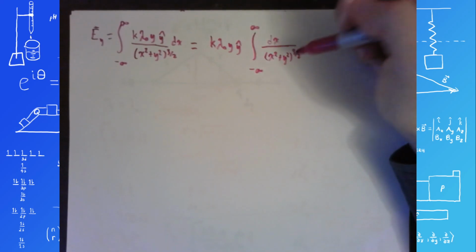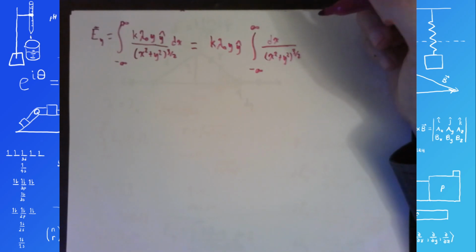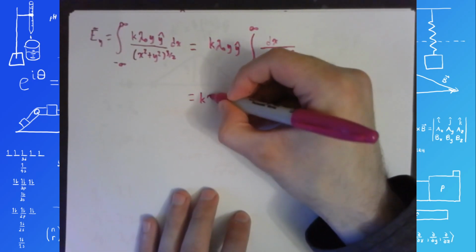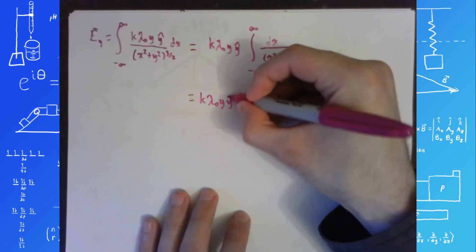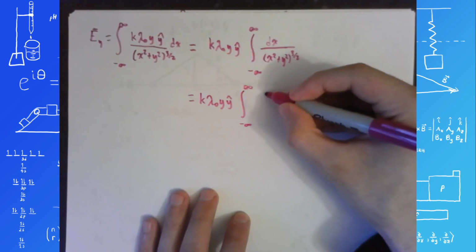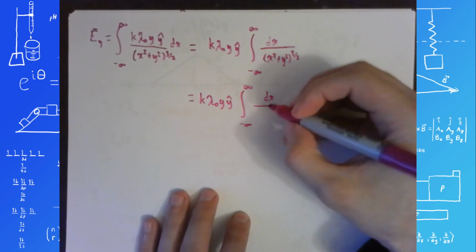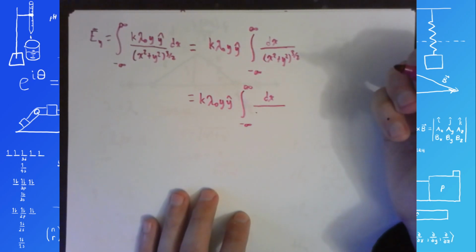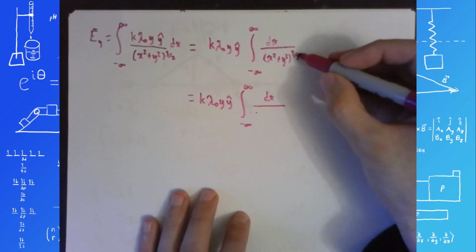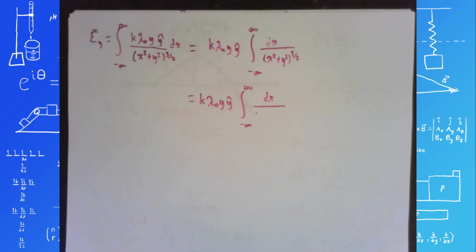So if I factor out a y squared from x squared plus y squared to the 3 halves, that would be y squared to the 3 halves, which is going to be y cubed when I pull it out.